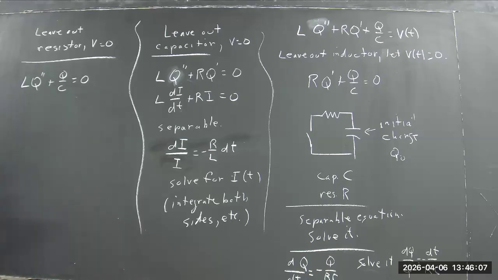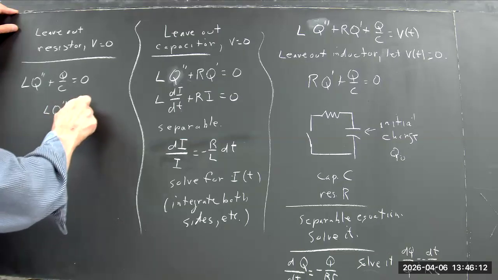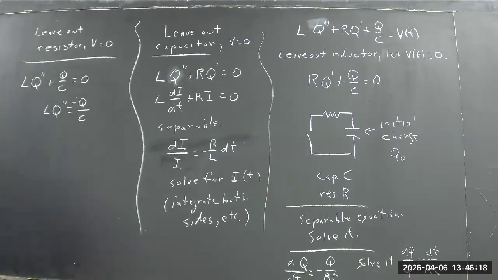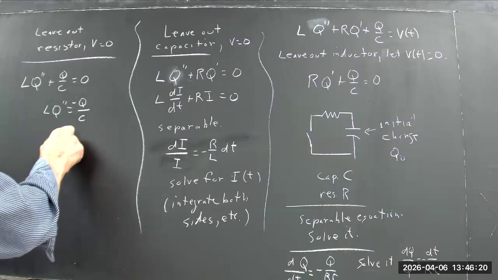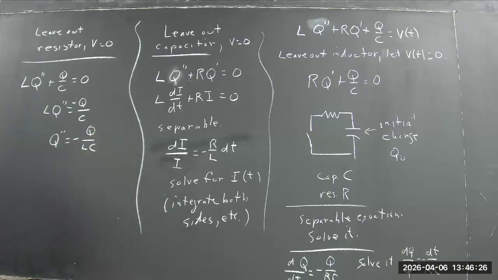Now you can solve it by trial and error because what this tells you is that L Q double prime equals negative Q over C, so that Q double prime equals negative Q over LC. And you need to find a function whose second derivative is a negative multiple of itself. What function has a second derivative that's a negative multiple of itself? Can't say it, but do you see what it is?